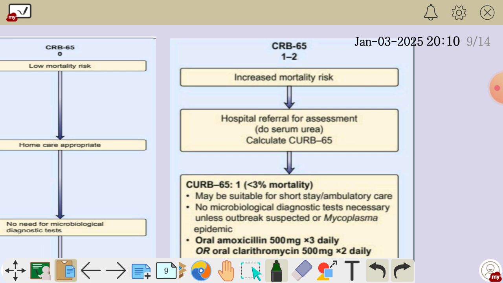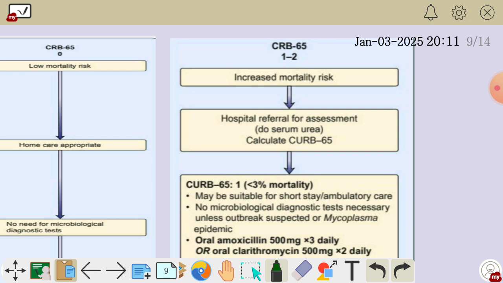Okay, so if the CURB-65 is 1, remember the mortality risk is less than 3%, and it might be suitable for short stay or ambulatory care. So no microbiological diagnostic tests are necessary here, unless an outbreak is suspected, or if there is a mycoplasma epidemic.